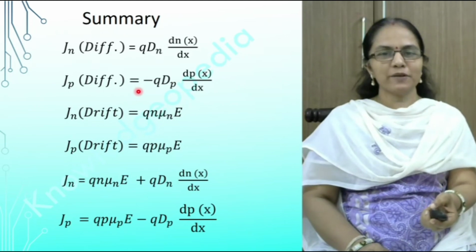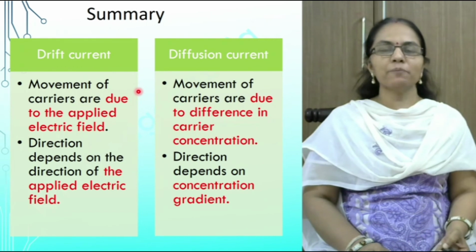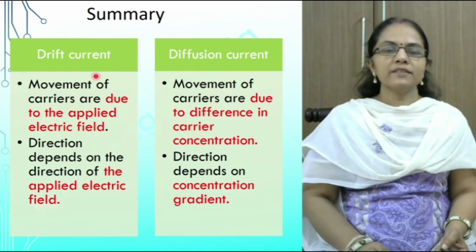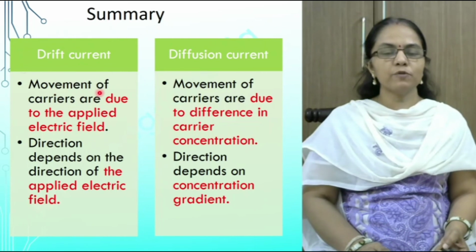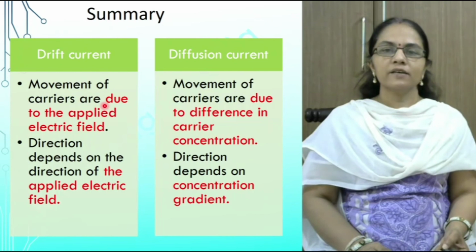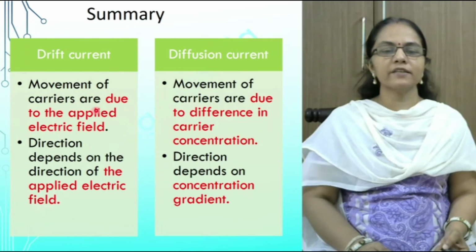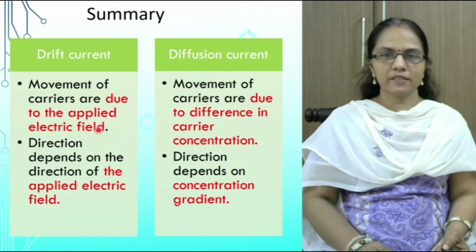Let us wind up our class with a brief comparison between drift and diffusion currents. We have seen that the drift current is due to the movement of carriers when we apply an electric field. That means the movement of carriers is due to the applied electric field.